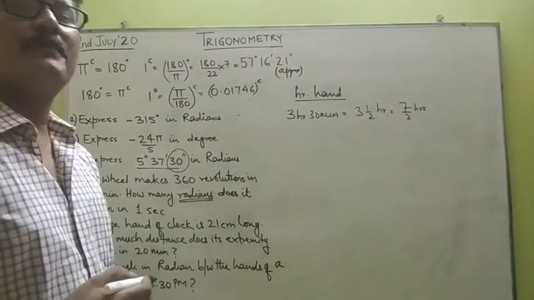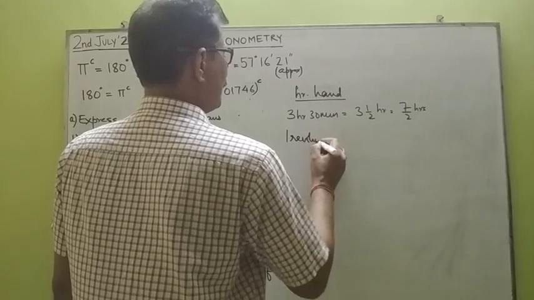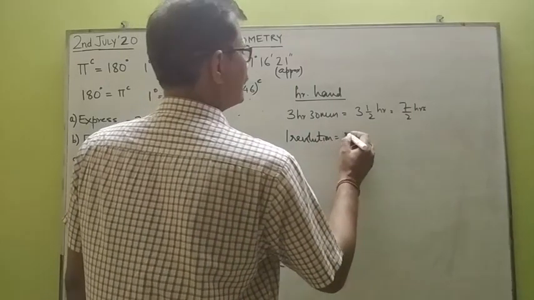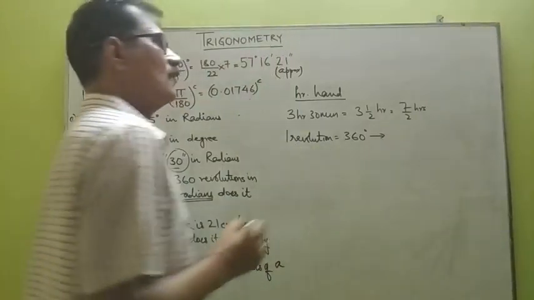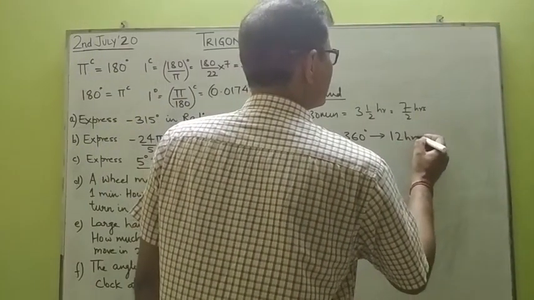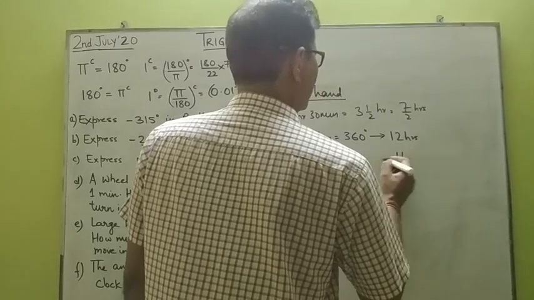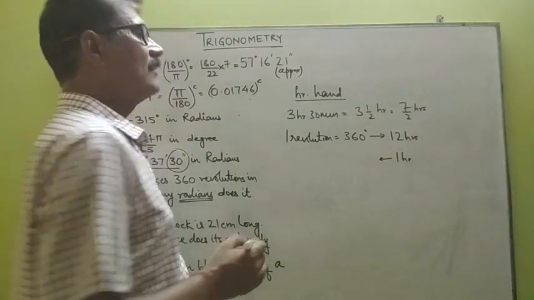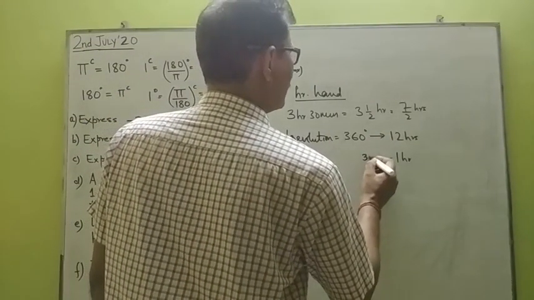Now coming to the complete one revolution by the hour hand, that is 360 degree, is made by the hour hand in how many hours? 12 hours. So in 1 hour, the angle swept by the hour hand will be how many? 12 3s are 36, so 30 degree.